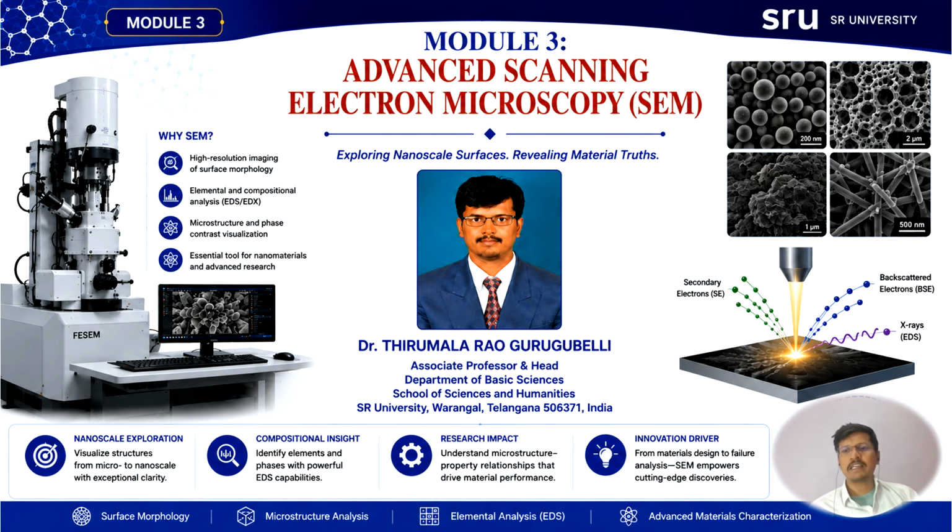Here you can see clearly the incident beam of electrons splitting into three portions: secondary electrons, backscattered electrons, and X-rays. These signals provide valuable information about the surface morphology, composition, and crystal structure.